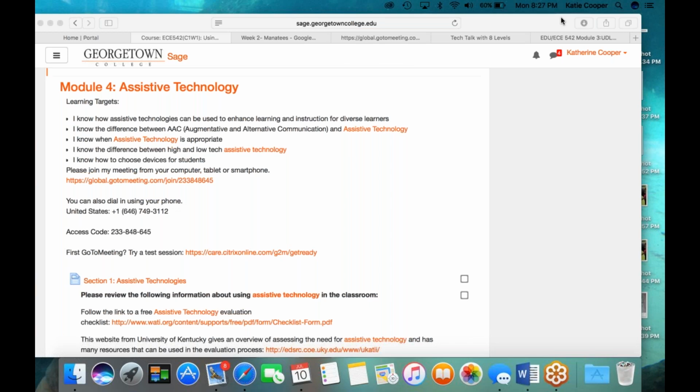All right, so when a student can't speak or write by themselves, anytime a student needs it, you can use assistive technology.